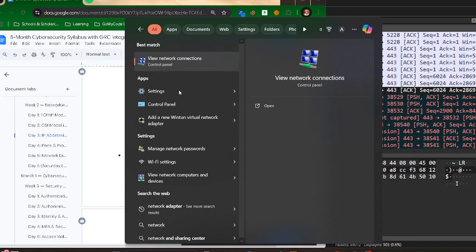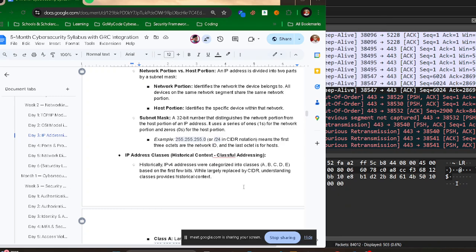Navigate to network. It usually shows the available, it readily shows the host portion and the network portion.